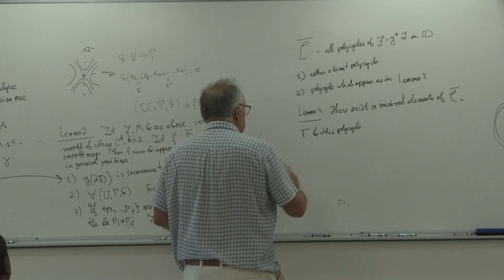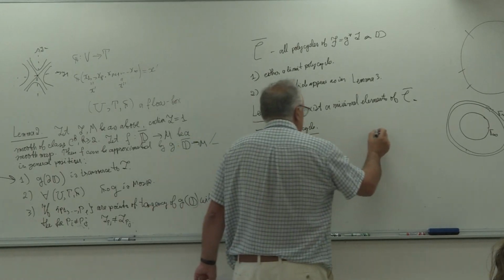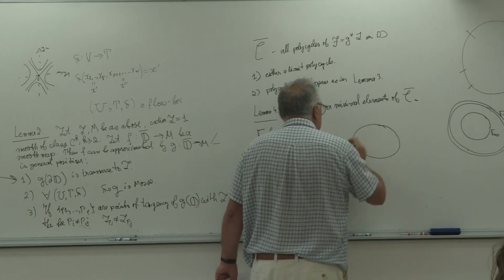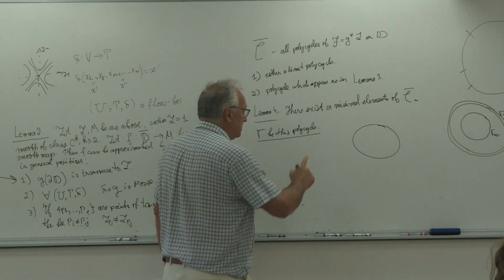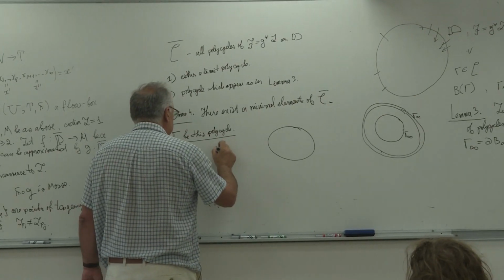So let gamma be this polycycle. Okay, there are two possibilities. Either this is an orbit, or it is a number 8.